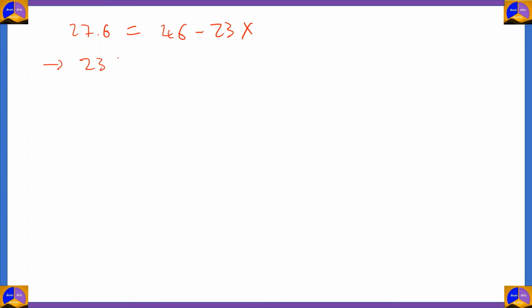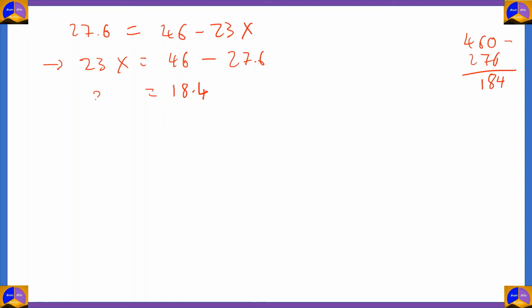So we'll write 23x as 46 minus 27.6. So we'll just do it here. 460 minus 276. 10 minus 6 is 4. So it will be 15 minus 7 is 8. 3 minus 2 is 1. So it'll be 18.4. 23x is equal to 18.4.